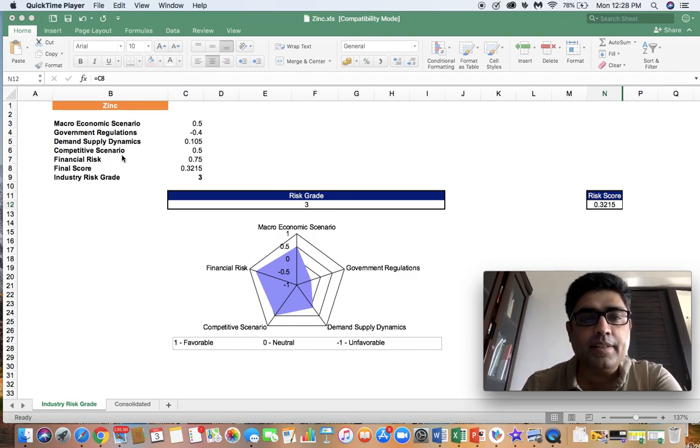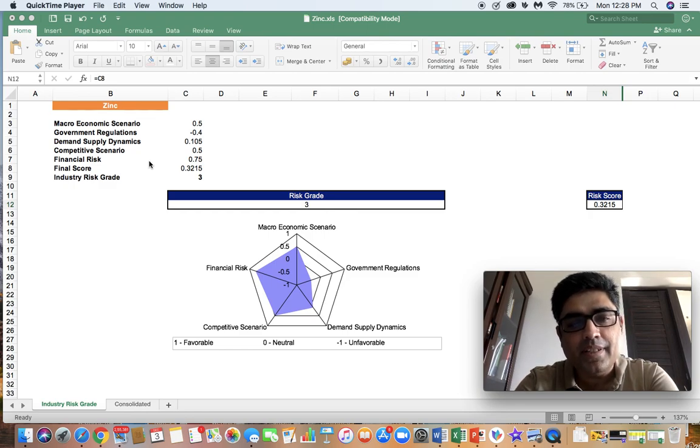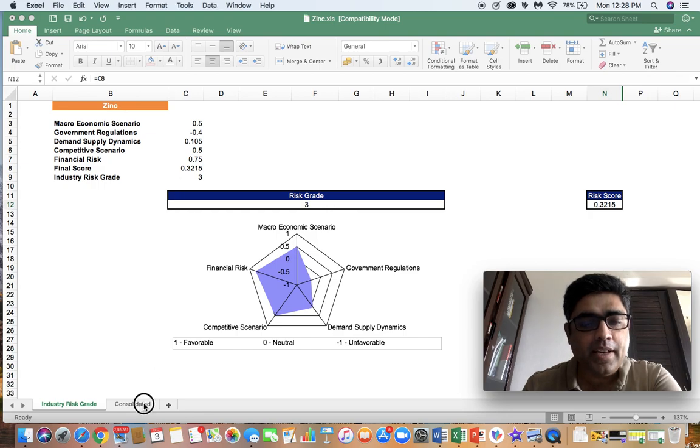So separate scores are assigned to these broader heads. You may take more and beyond what's mentioned over here, but if these broader heads are covered, that's quite comprehensive, I should say, right? So then finally you get the final risk score and the industry risk grade. So I'll show you how the analysis is done.